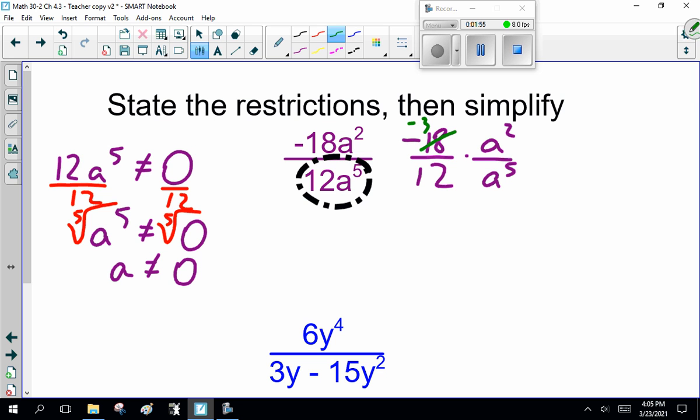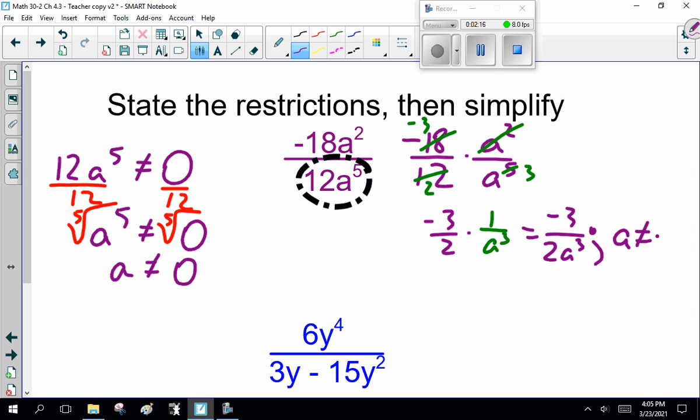That becomes minus 3 over 2, minus 3 halves. Now, a squared divided by a to the fifth, I cancel 2 of these, so I'm down to 1 over a cubed. And I would write that out as minus 3 over 2a cubed. And my restriction is that a cannot equal 0. So far, so good. Okay.